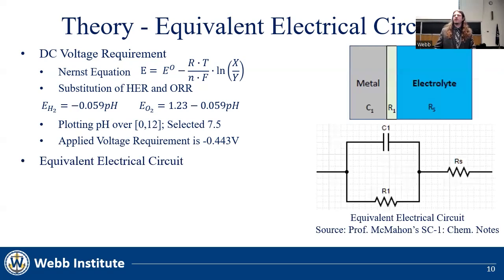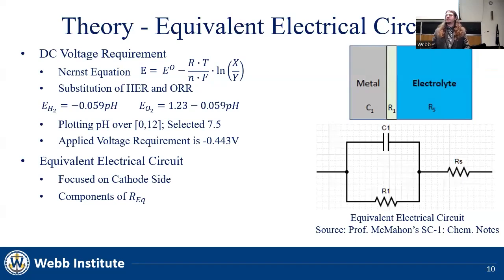Further analysis of the equivalent electrical circuit helped refine the required capacity of the DC power supply. My analysis was focused on the cathode side, as only secondary reactions occur at the anode. There are several components to the equivalent resistance of the system, REQ, including a capacitance due to the cathode material, a resistance due to a layer of concentrated hydroxyl ions, and the resistance of the electrolyte, or in this case, the water.